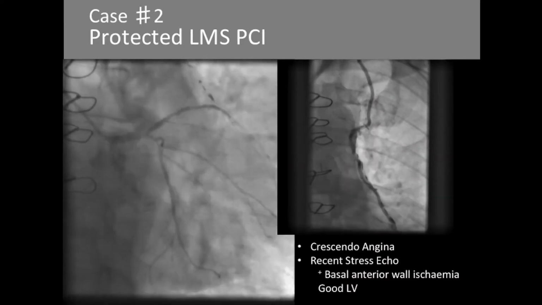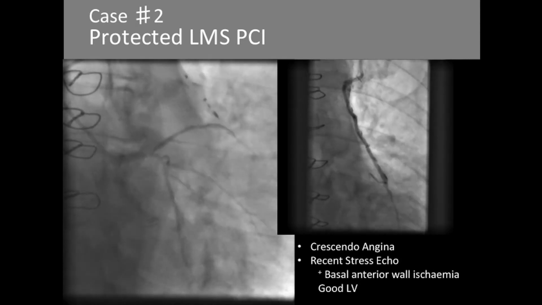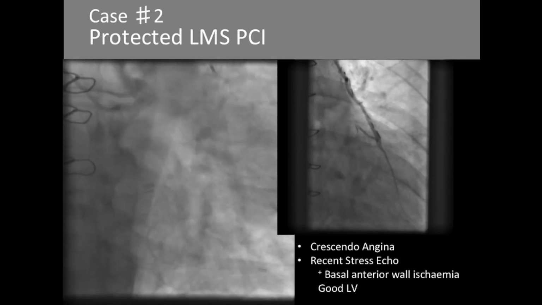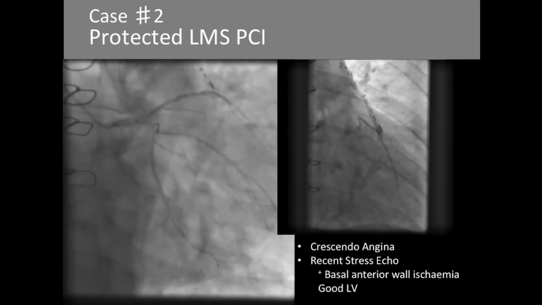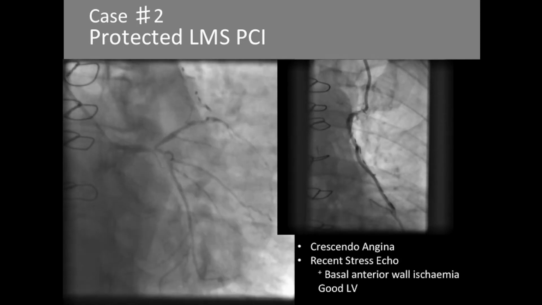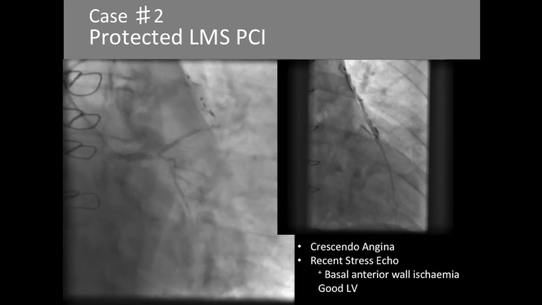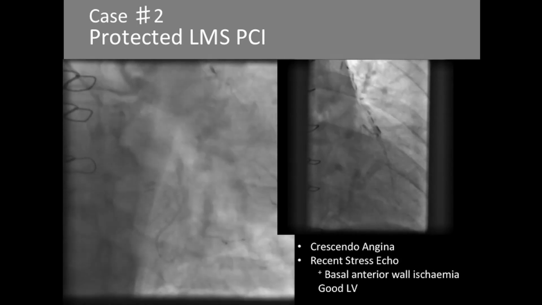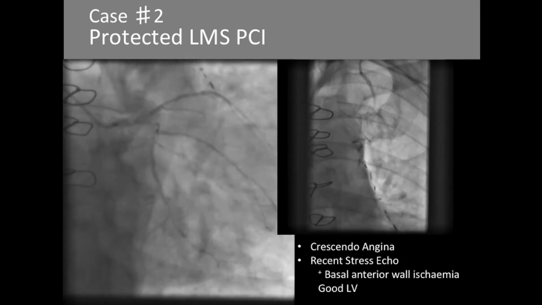Now, the next case is more challenging left main anatomy, but actually in the setting of a protected left main patient. So a patent LIMA graft we see to the distal LAD. And actually, this gentleman had been worked up for angina and been shown on a stress echo to have anterior wall ischemia. He then presented in an unstable fashion and came through to the cath lab, defining more aggressive disease within the circumflex, but clearly distal left main extending into the ostium of the LAD and a long segment of circumflex atheroma.